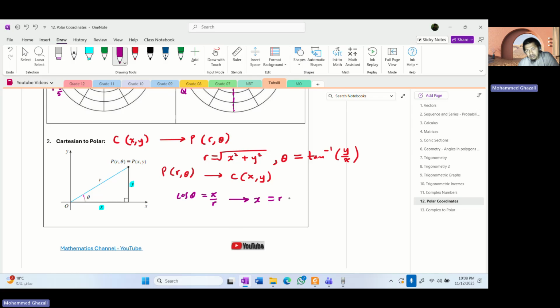Similarly, forget about x, solve for y, given r and theta. Sine theta equals y over r, so y is equal to r sine theta. I hope you guys are understanding this. So we can change from a polar point (r, theta) to a Cartesian x and y.